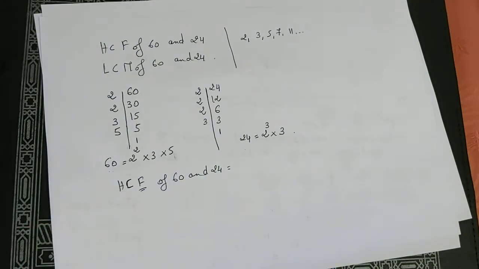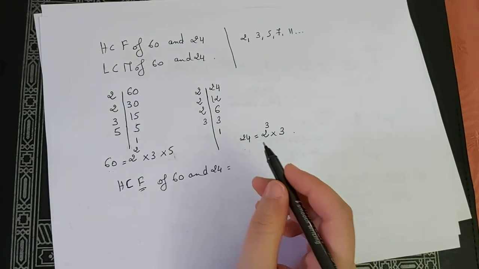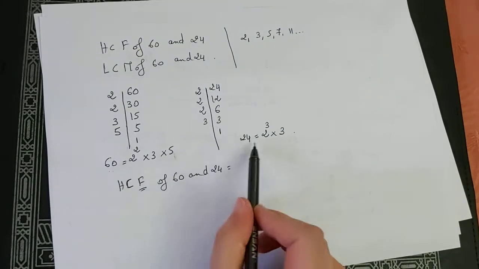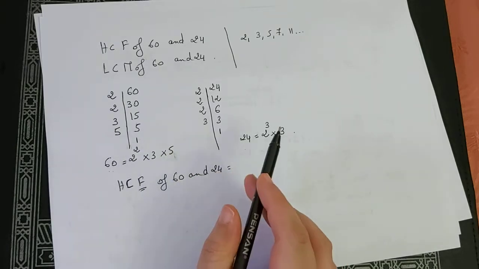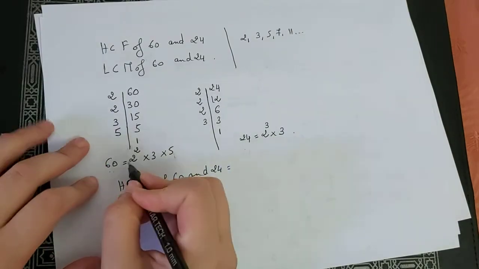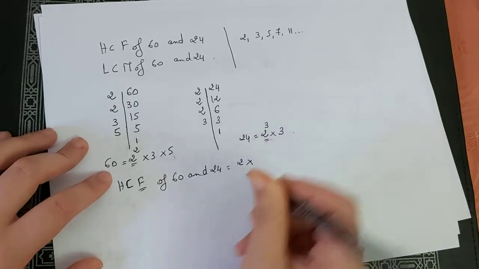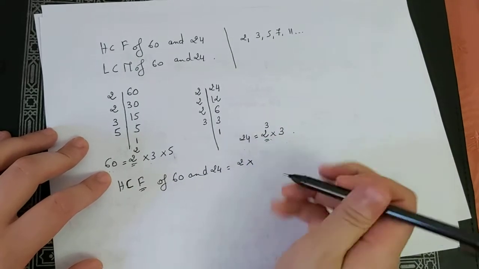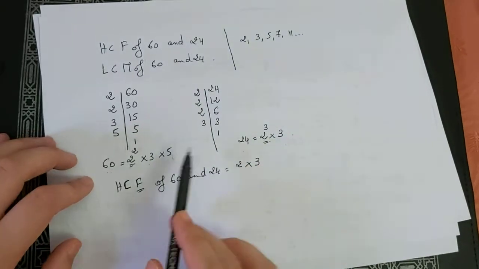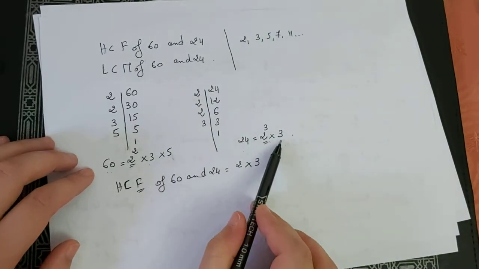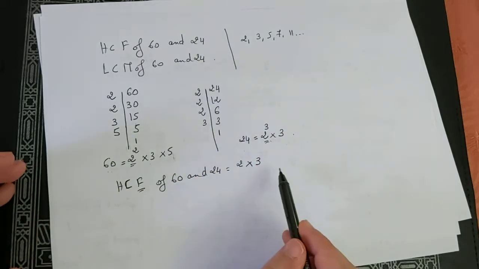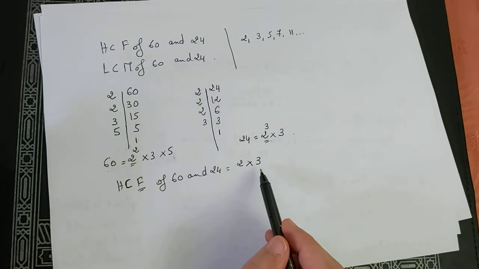Now, what the rules say is that you need to put all the prime factors that you see in both factorizations. I see the 2 here and the 2 here, so I'll put 2. I see 3 and I see 3, so I will put 3 here. I see 5 here, but I don't see it here, so I don't write it in the highest common factor.